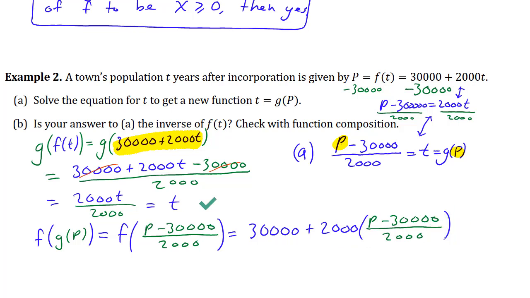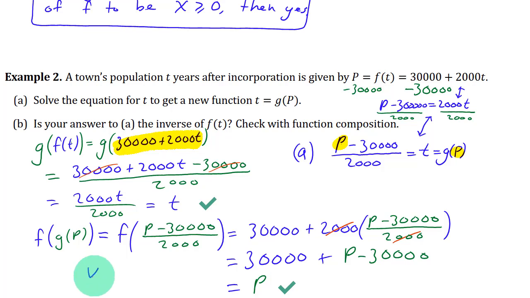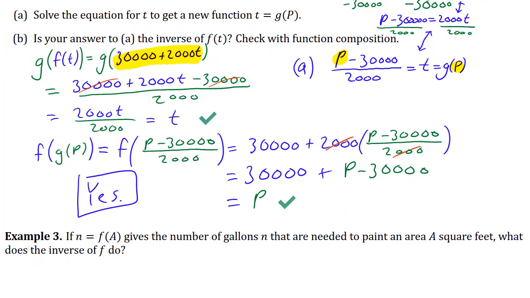And multiplying by 2,000, dividing by 2,000 cancels out. You get 30,000 plus p minus 30,000. The 30,000 minus 30,000 just gives you p. And so, yeah, that works out. They are inverses. So I guess the answer to the question is really yes. g and f are inverses.